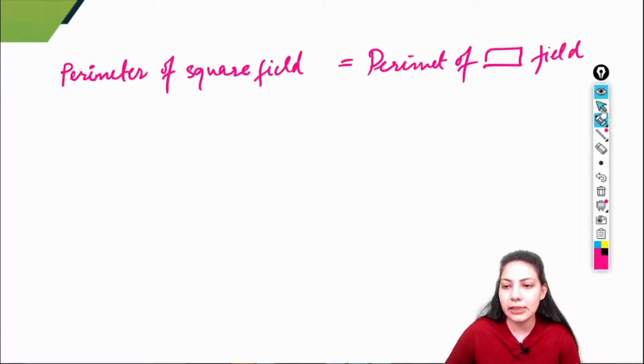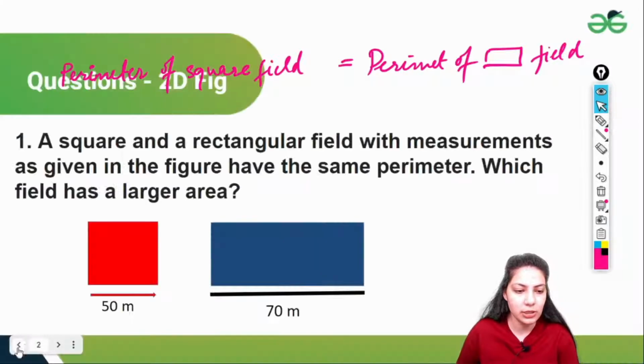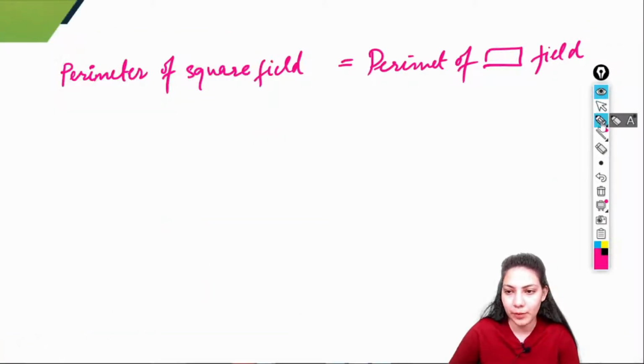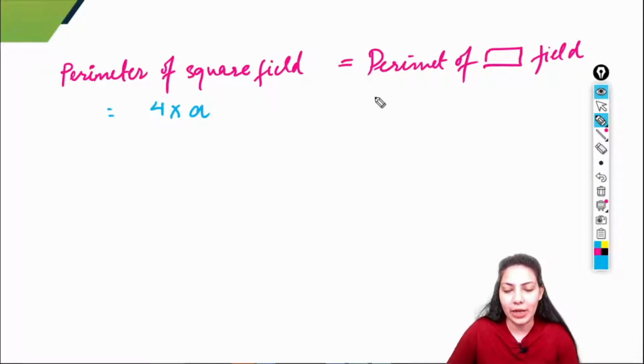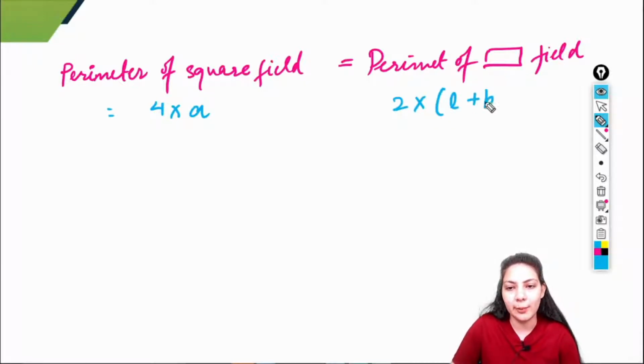Now let us see the dimensions given in our question. The square side is 50 meter. First let us write the formula of perimeter of square we derived in the previous session, that is 4 into A, where A is the side of the square, and the rectangular perimeter is 2 into (length plus breadth). We are given these both are equal.